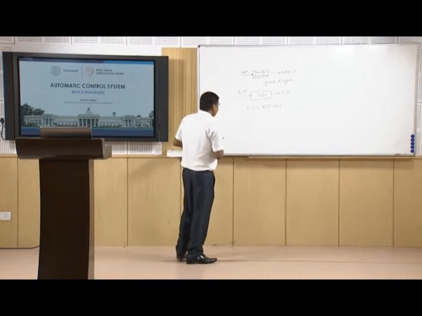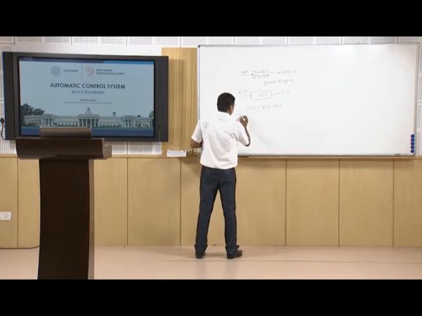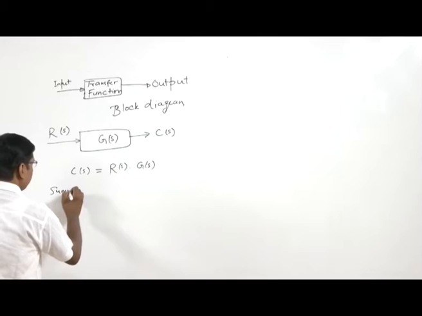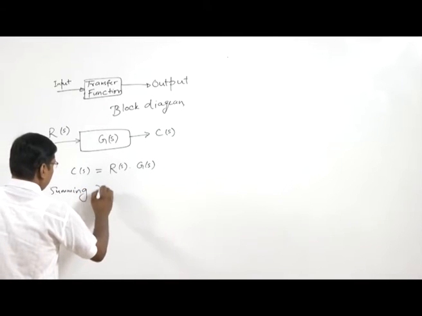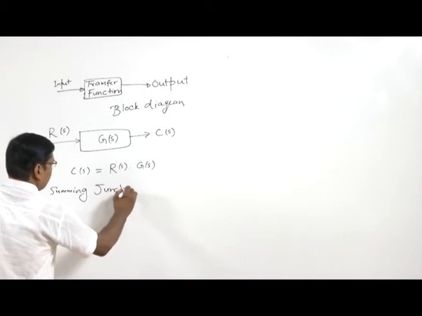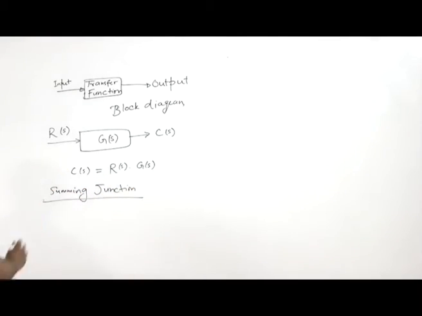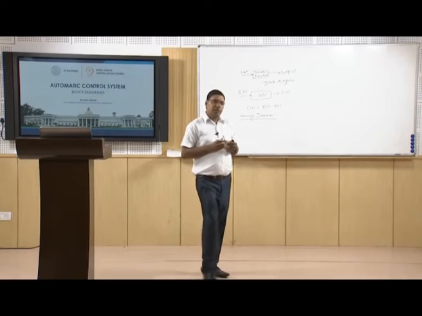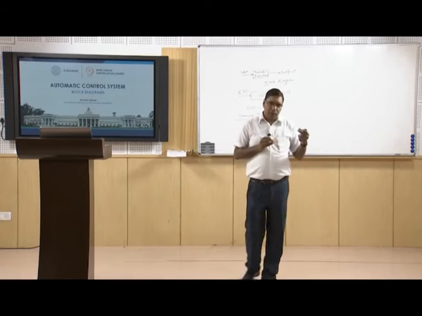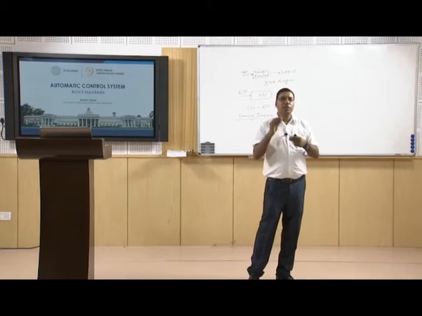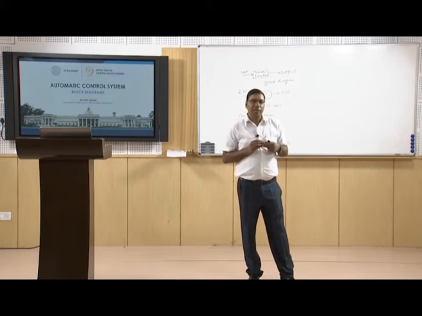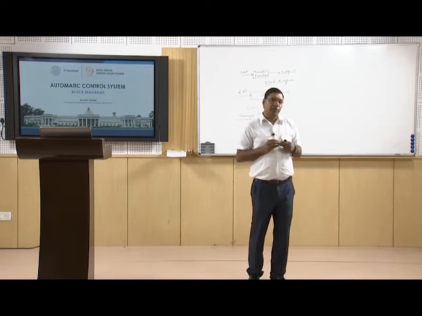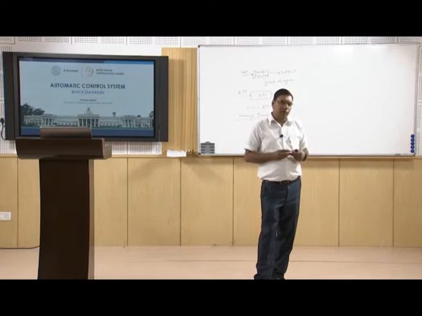Now we understand the summing junction. We saw that at a summing junction, several signals come in and an algebraic operation is performed. Either these signals are added or subtracted.